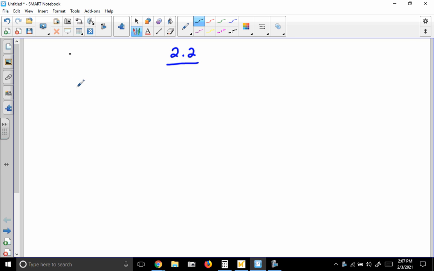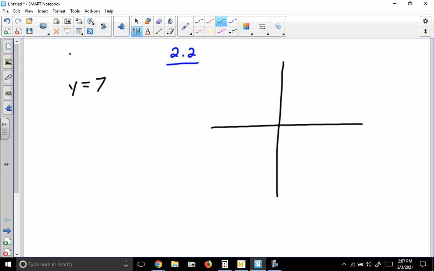So when we begin, let's look at what happens if we have a function that's a constant. For example, 7. If we want to take the derivative of that, think about that y equals 7 is a horizontal line. If we were to try to get the slope of a horizontal line, regardless of where we are located, the slope is always 0.